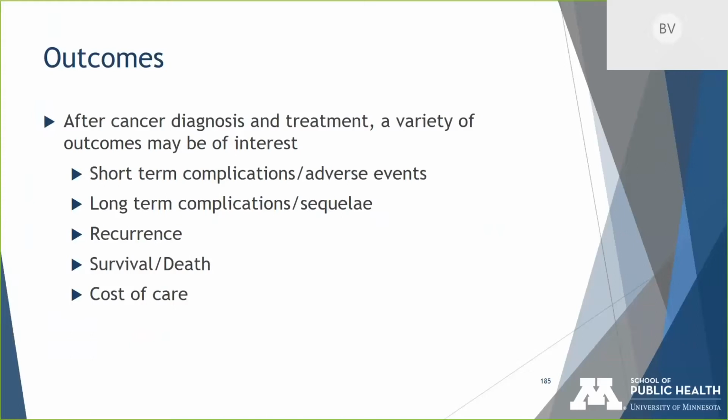Some of the things we'll be talking about are short-term complications and adverse events, some long-term complications, recurrence, which people are often curious about, survival or death, and then cost of care. We'll be talking about each of those in turn.